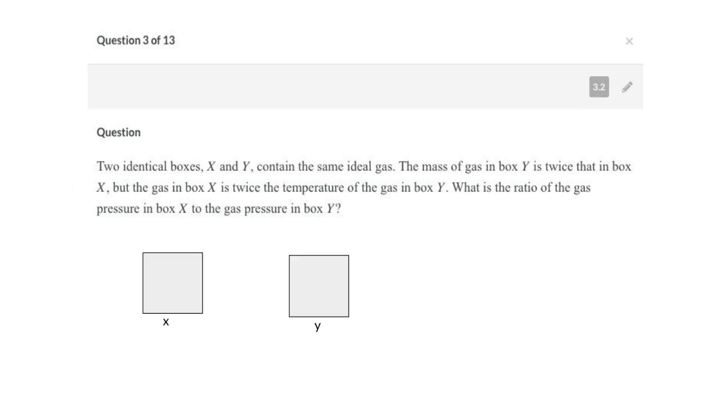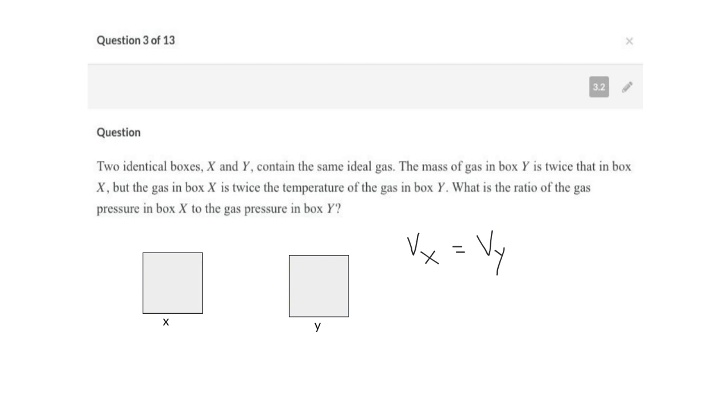So, what do we know about box X and box Y? Well, we know that the volumes are the same, as they are identical.